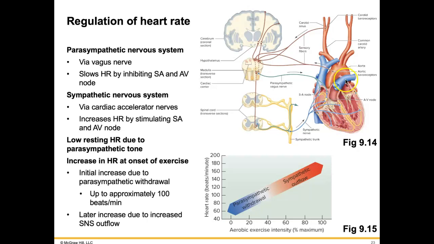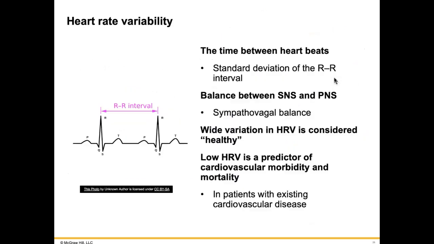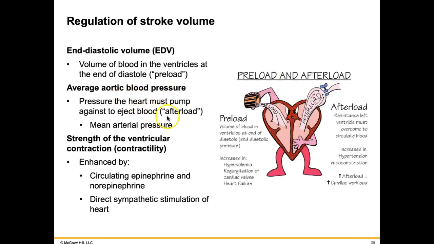So the resistance that we have within our pulmonary trunk and the pulmonary arteries and the aorta here is preventing that blood from moving through. So the afterload, again, is that aortic blood pressure, okay?